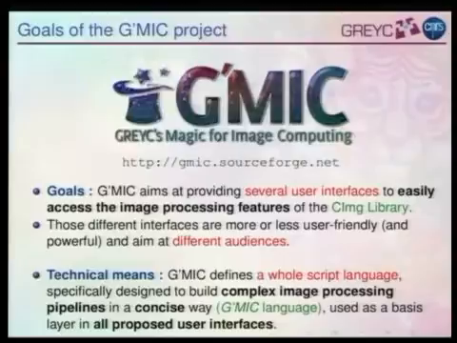So these are the formal goals. I mentioned the medical imaging aspect of it already. That kind of thing is probably done at the C++ level because it's very data intensive.